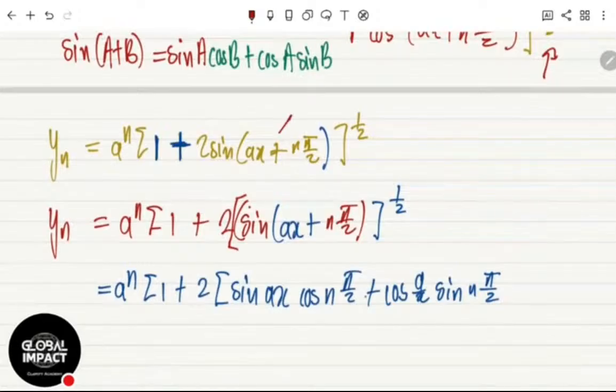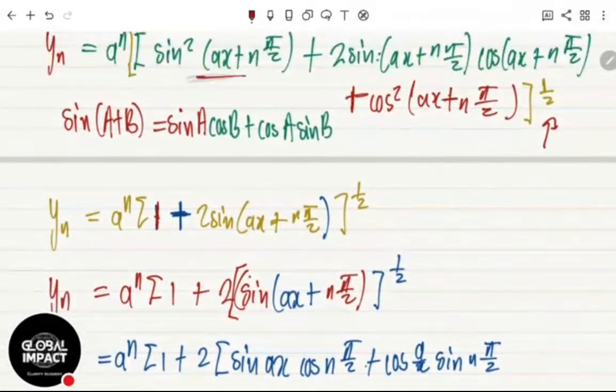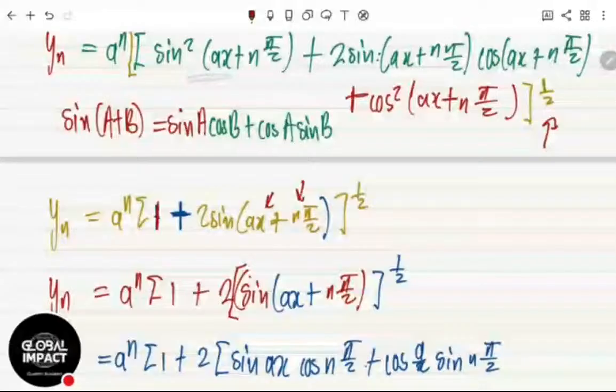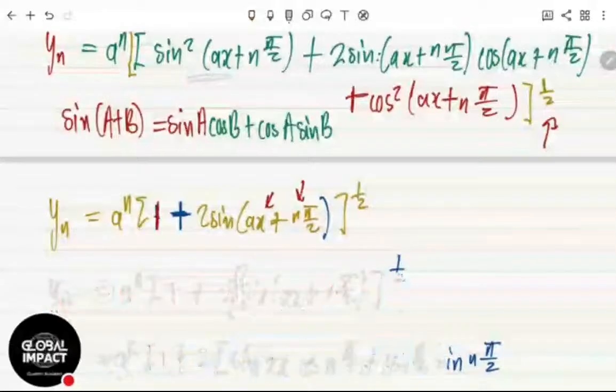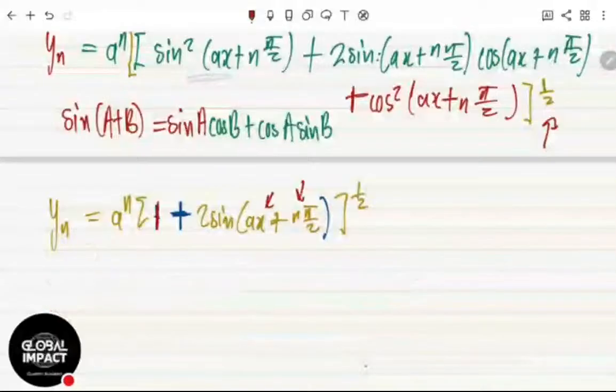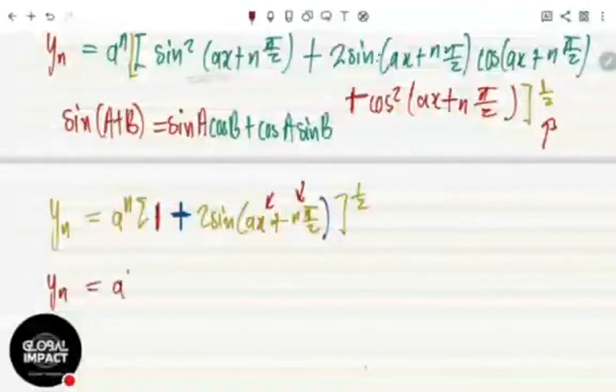If I come here and I want to remove this n pi over 2, we're almost done. We're simplifying. When you get here, you have removed sine squared plus cos squared, which is 1. You now have 1. You can double it. Maybe let me do it before I do these last two stages. I will have my y_n being a to the n, 1 plus 2 sine, inside you double.